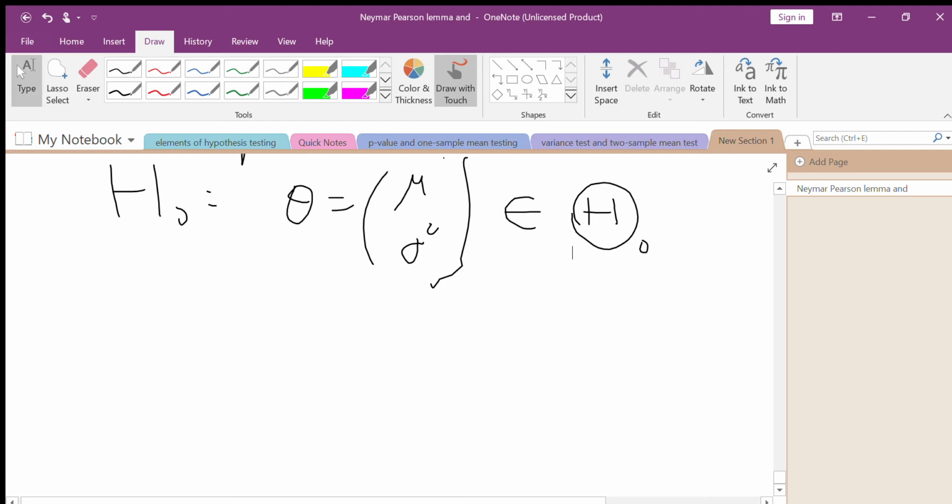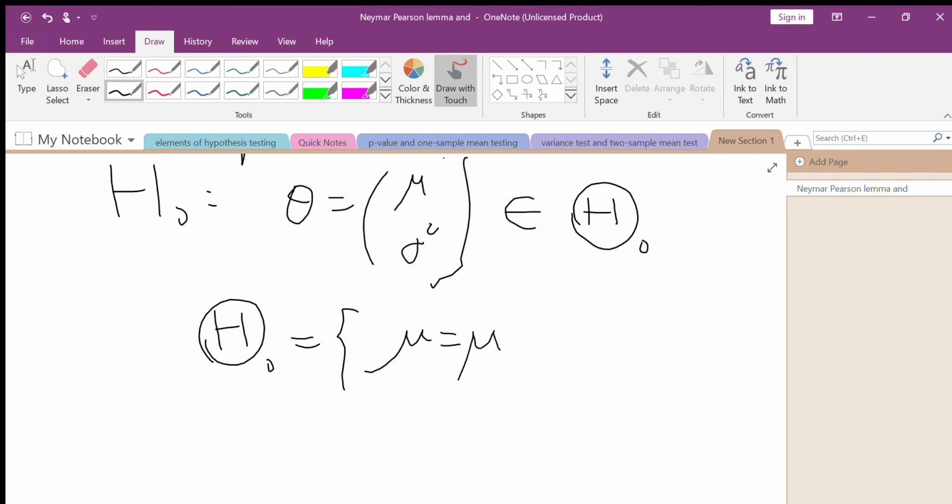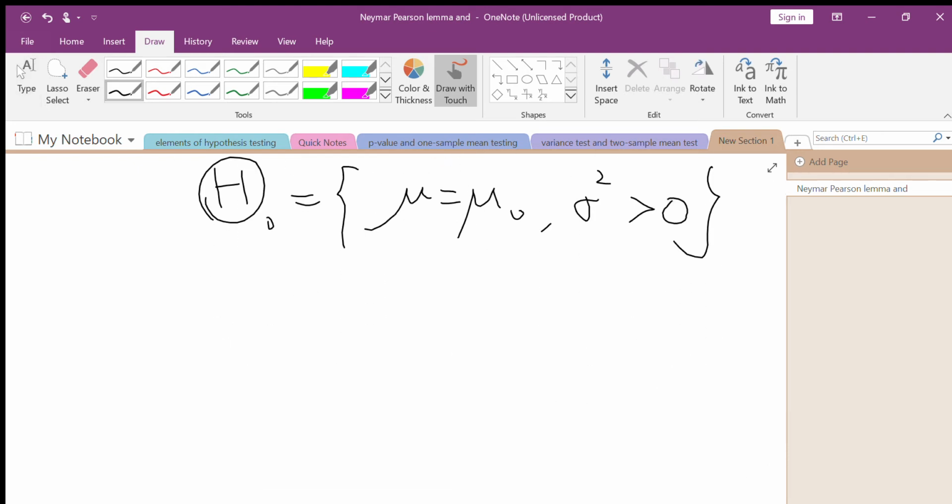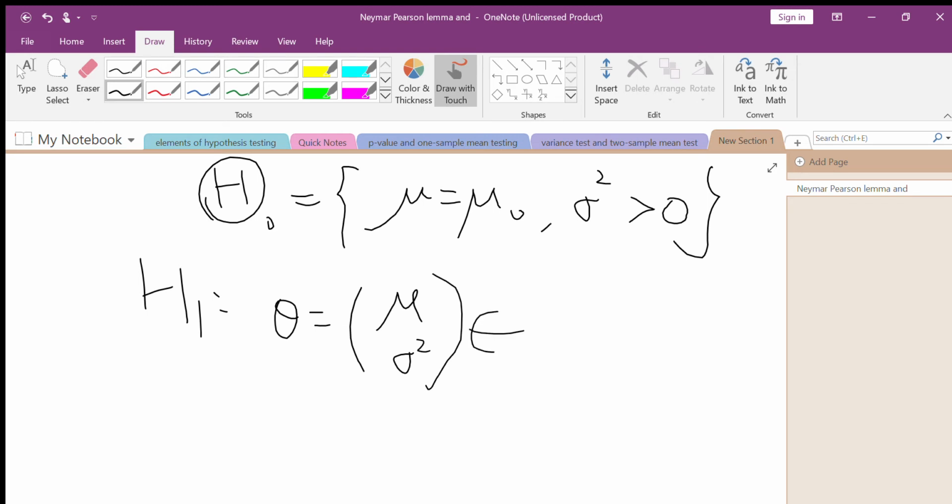Capital theta 0 is mu equals mu 0, sigma squared greater than 0. And H1: theta equals (mu, sigma squared) is in the alternative parameter space.